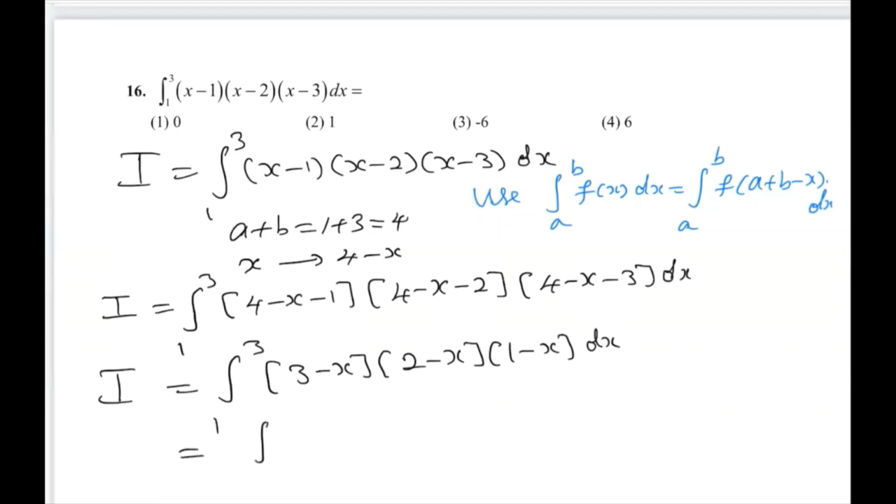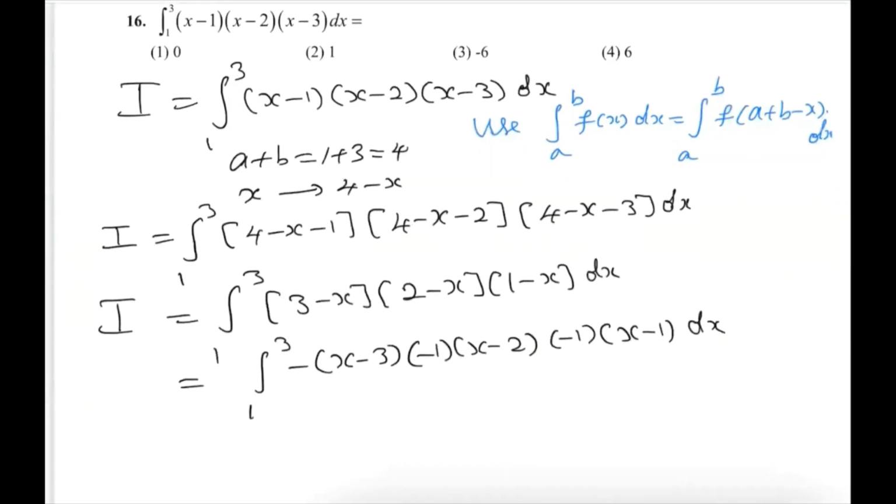It is the integral from 1 to 3 of minus of (x minus 3) into minus of (x minus 2) into minus of (x minus 1) dx.